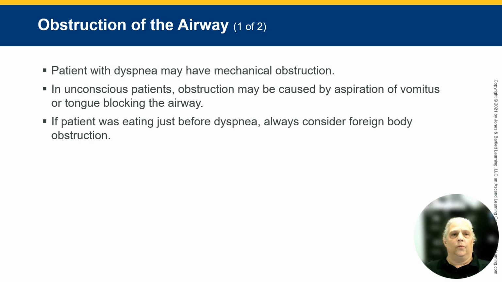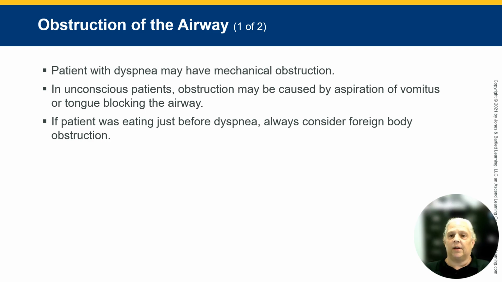So with dyspnea, they can have a mechanical obstruction. If the patient is semi-conscious or unconscious, it may be the result of aspiration of vomitus or a foreign object, or incorrect positioning of the head, causing the tongue to block the airway.